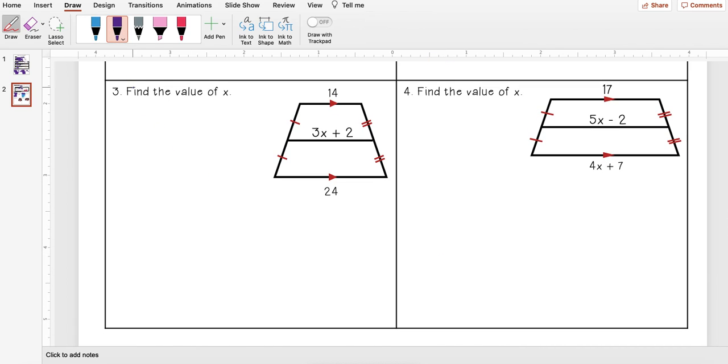So this time I'm just wanting to find the value of x. I see I have a midsegment here, and I know that my midsegment, which in this case is 3x plus 2, is equal to 1/2 of 14 plus 24. So my two bases.